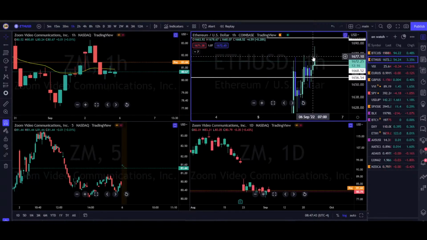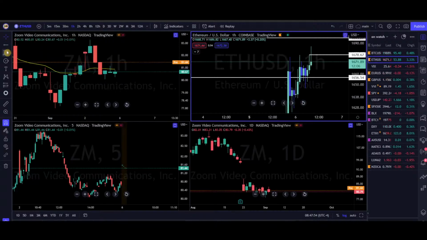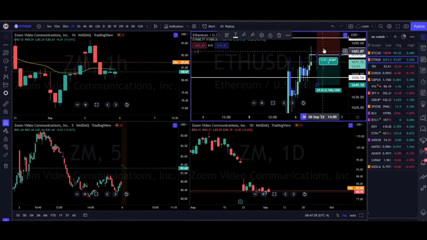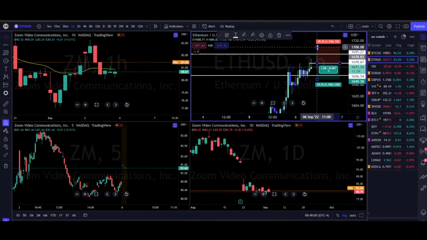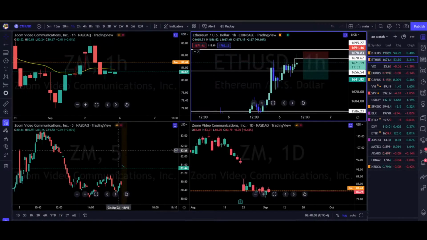You could potentially look for entries at the old high of day if you get back up there. Risk is going to be the high of day. You're only looking for a push down to 1639, which would be a decent little trade if it were to play out.